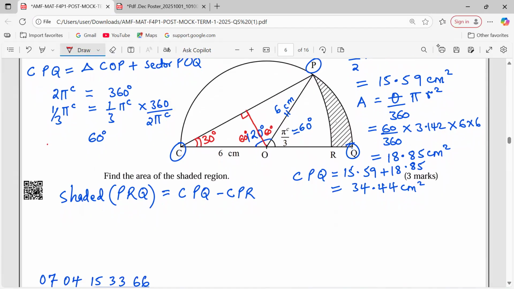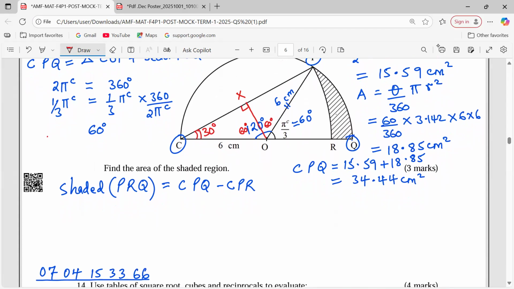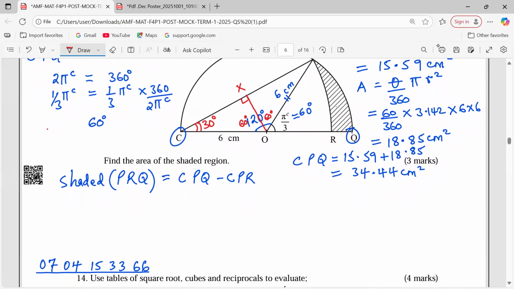If I let this one be point X, then we can consider triangle COX, whereby for me to get CX, I can consider the angle 30 and say that the cosine of 30 degrees is given by the adjacent length, which is CX, unknown, over hypotenuse 6.